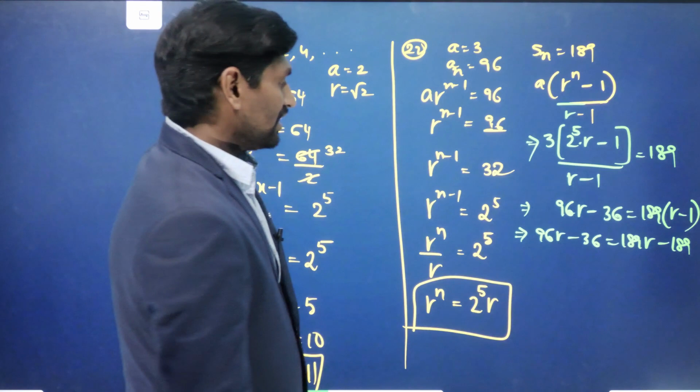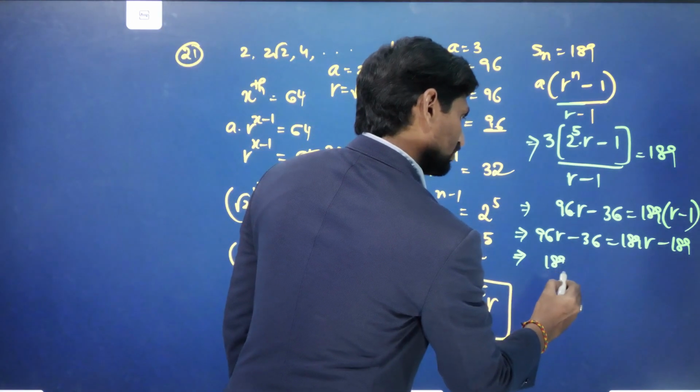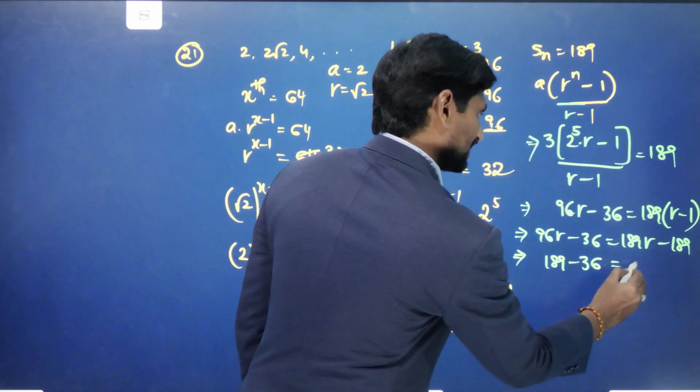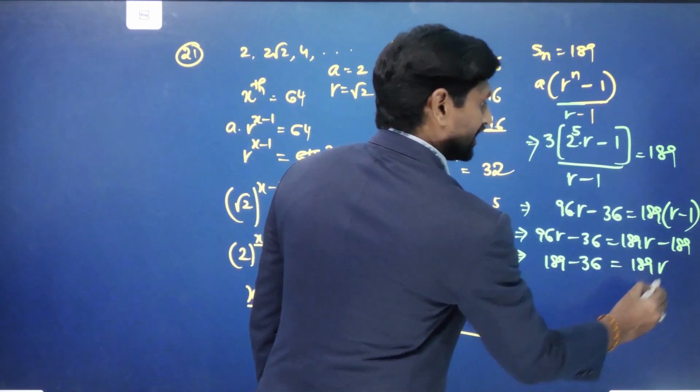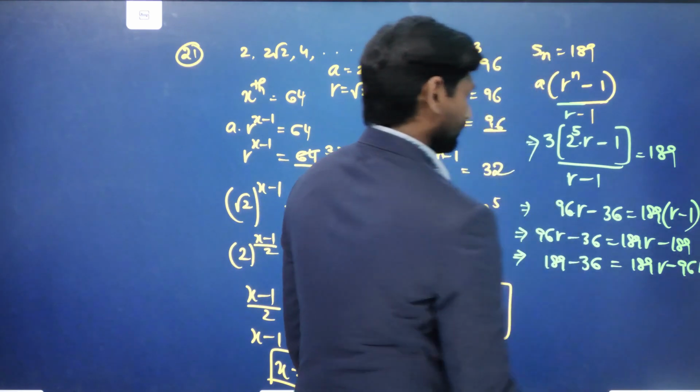Numbers on one side, letters on the other side. Minus 189 brought across becomes plus 189, and minus 36 stays as it is. 189 r stays like that; 96 transposes as minus 96.